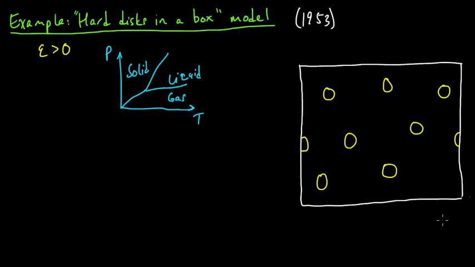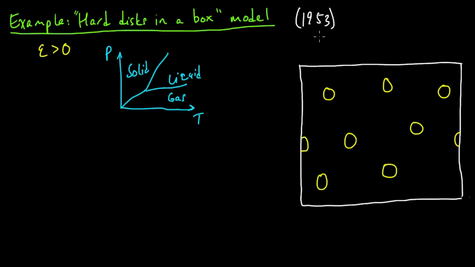This hard disks in a box model, which sometimes they generalize to hard spheres in a three-dimensional box, was proposed as a theoretical model to try to understand this very general picture, because so many substances have a prototypical phase diagram like this.